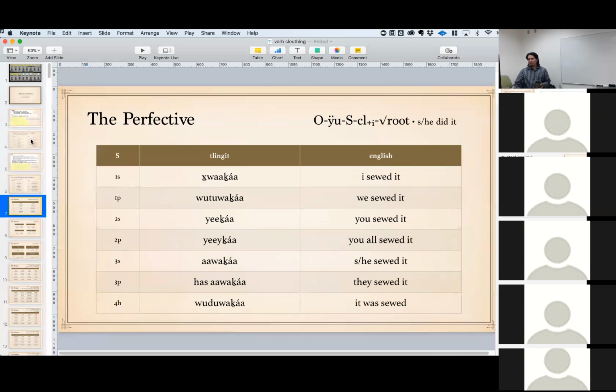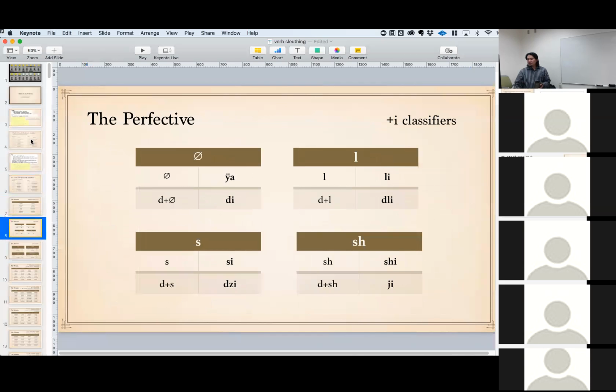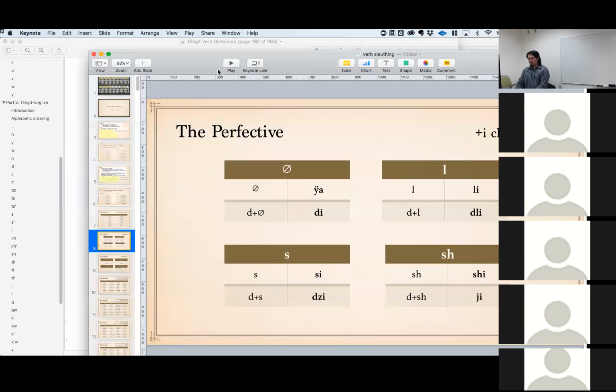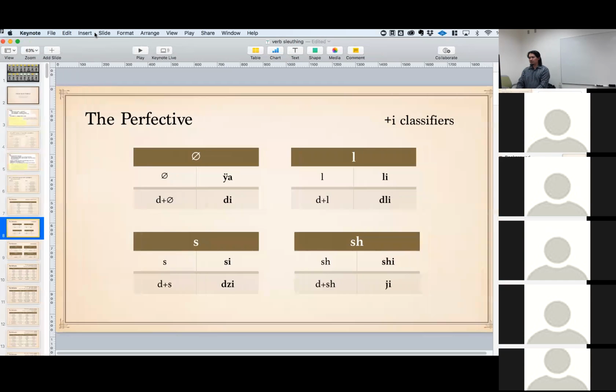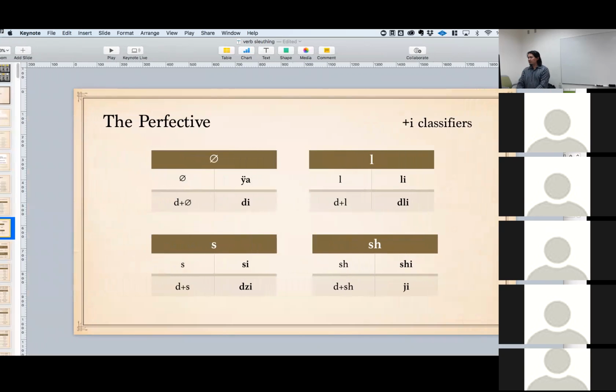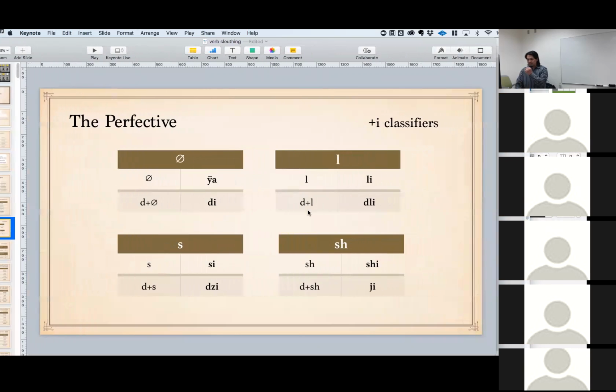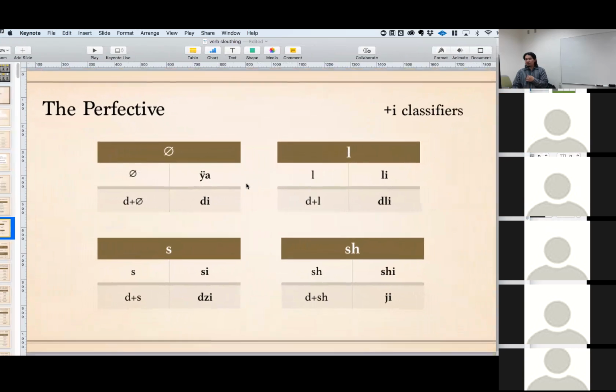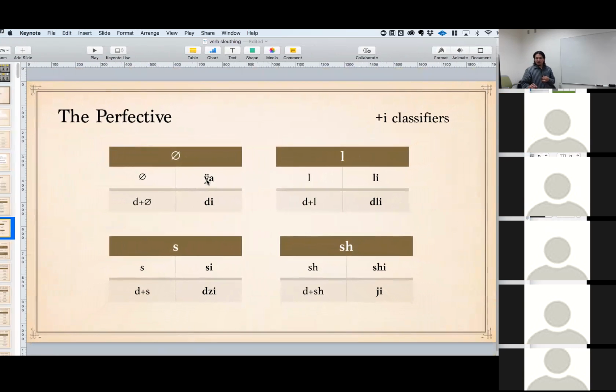There are some things that we're focusing on here. One is the classifier appears in these groups. So the classifier does appear. It is in these groups, and so when you're using a perfective verb, you do expect ya, and then all of the others have the I in them.